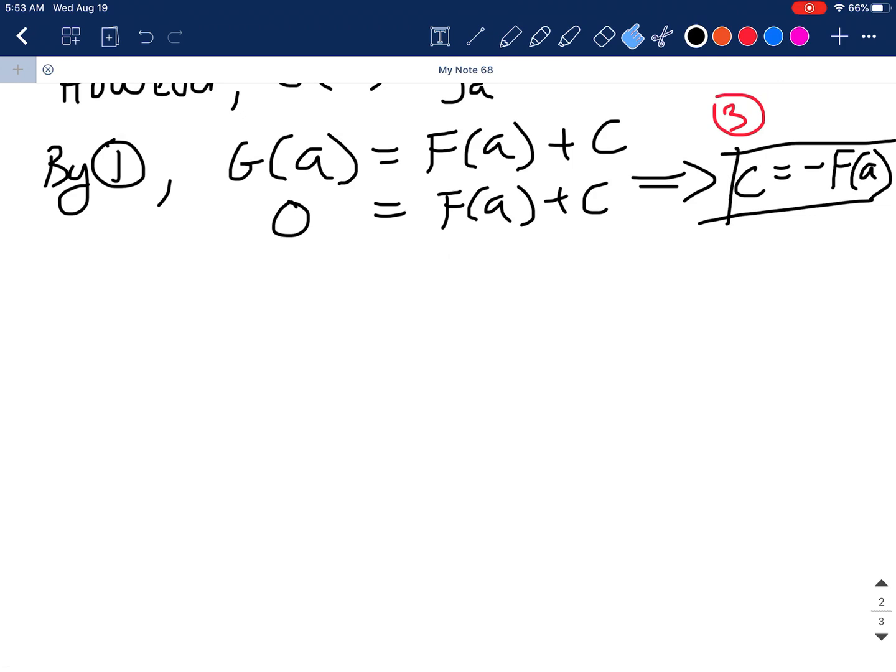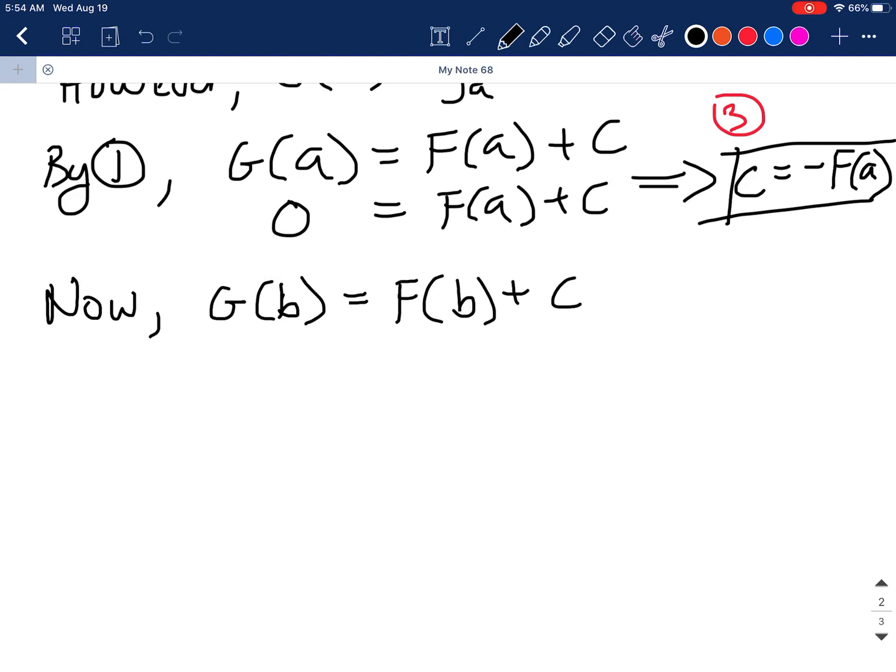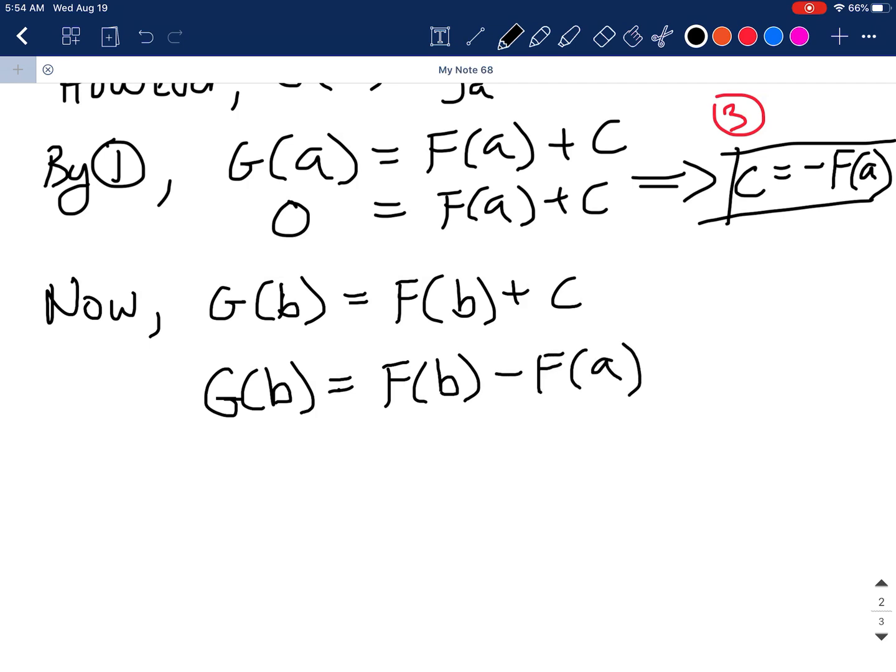All right, so what else can we do then? Well, why don't we think about g of b. So g of b is going to be F of b plus c. So g of b, though, is F of b minus F of a.